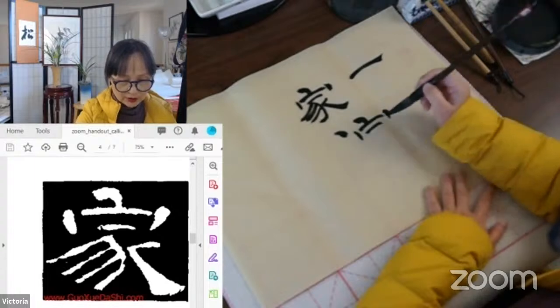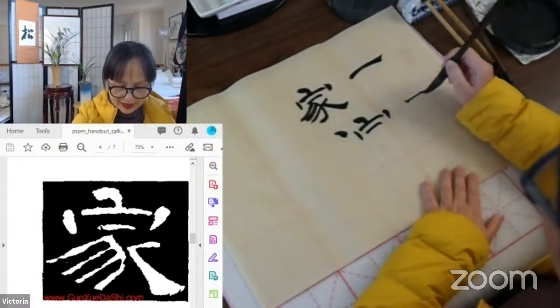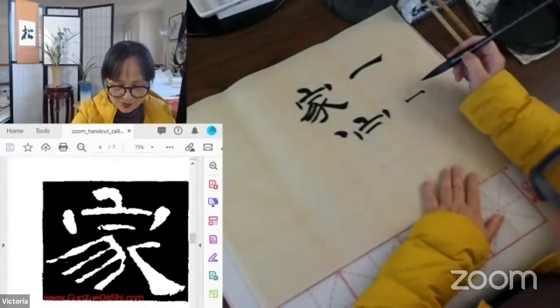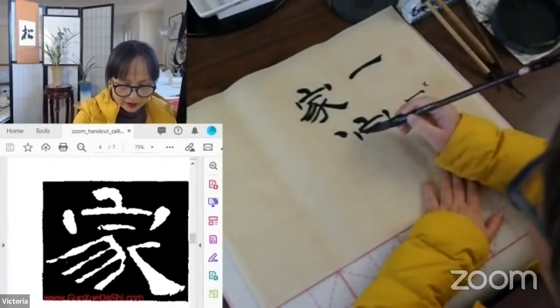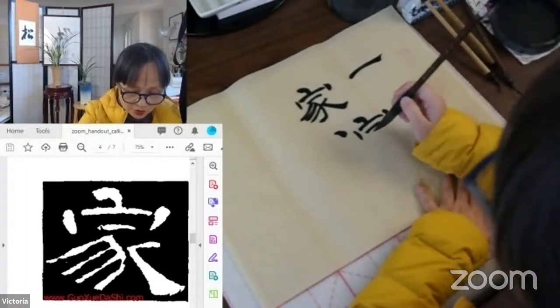There is a stroke here, not just pressed very lightly like that. That's too small. Like the standard style shows one horizontal stroke, so it's too small. You need to tell people there is a stroke.